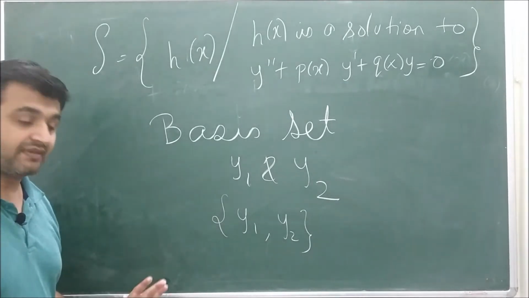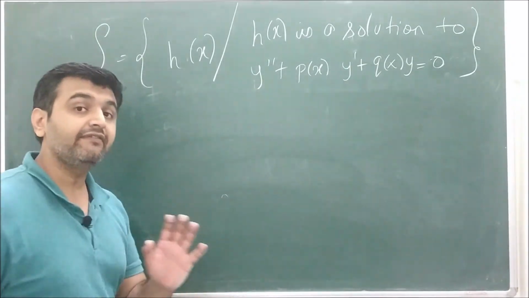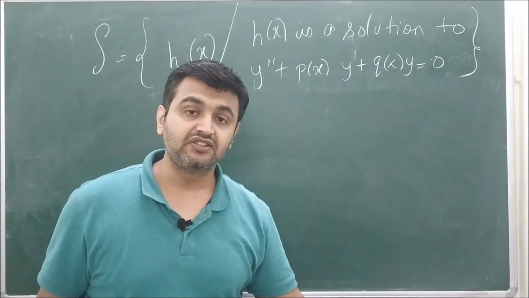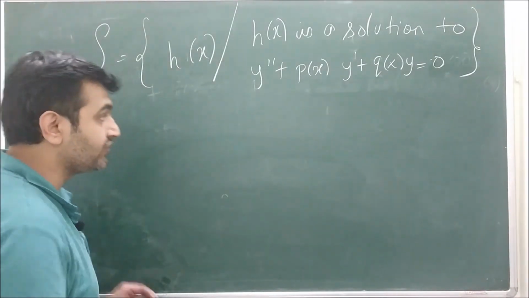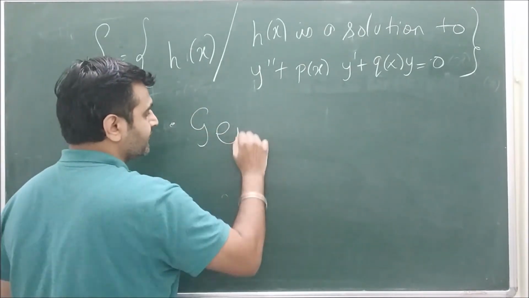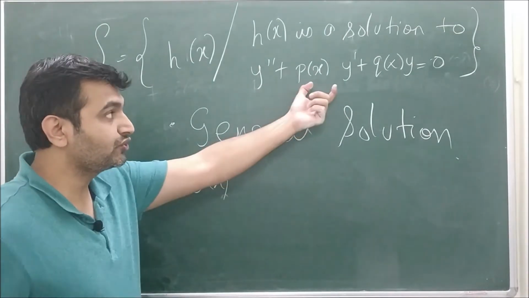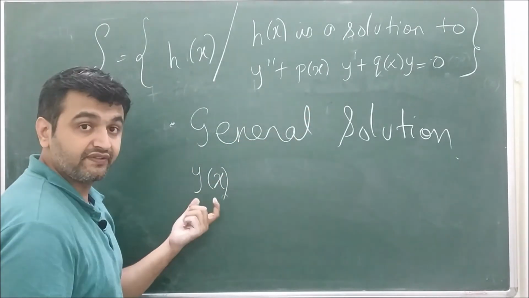And as soon as you have a basis set, you must have seen a theorem in linear algebra that any vector in a vector space can be written as a linear combination of basis vectors. And that's what leads us to the general solution. So how do you define a general solution? If y of x is any solution of this second order linear differential equation, then how will this look?